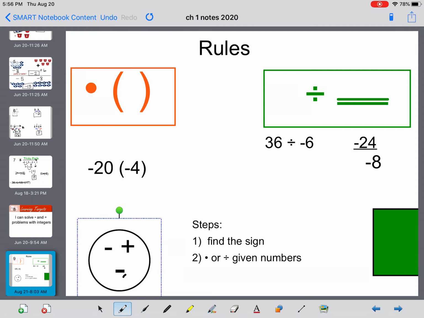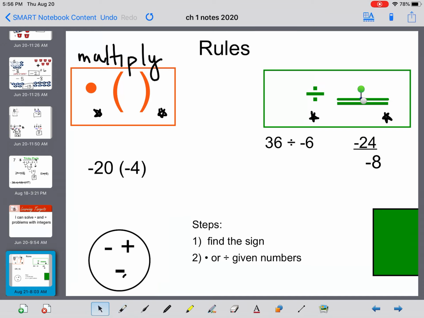The difference is I'm going to see these signs in here. I'm going to have some parentheses, or I'm going to have one of these dots, and those two things mean multiply. And if I have division, I'm going to either see the divide sign right here, or I'm going to see a fraction bar.